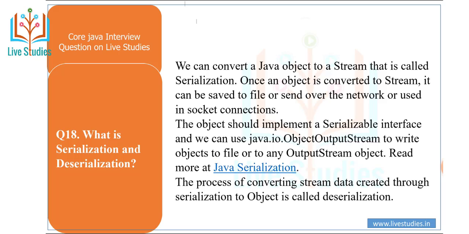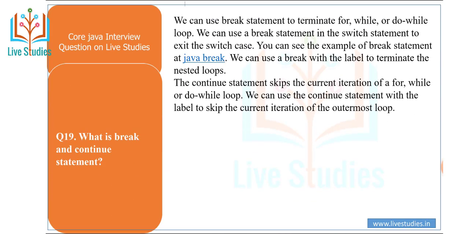The process of converting the stream data created through serialization back to an object is called deserialization.